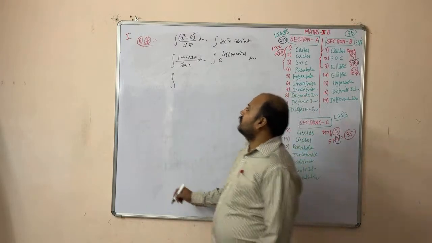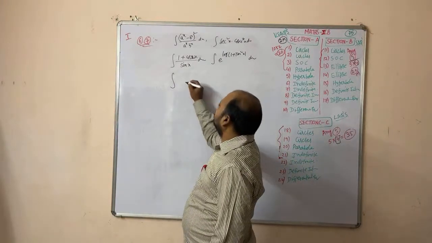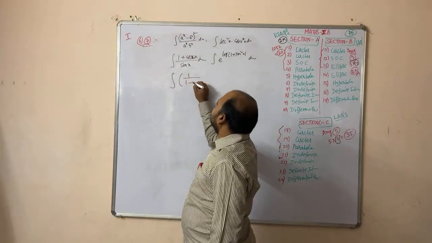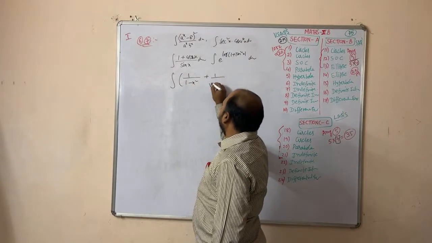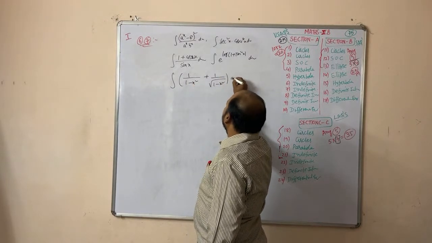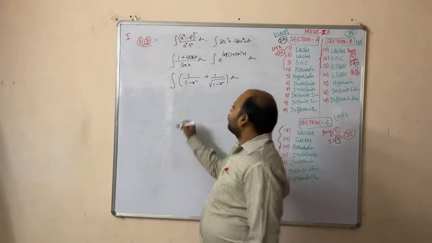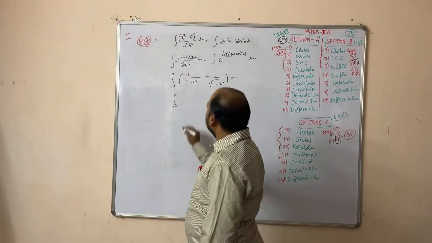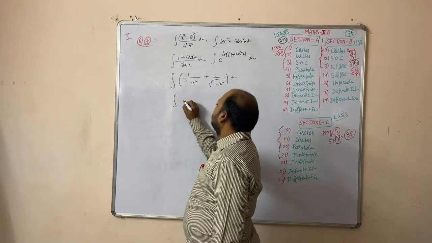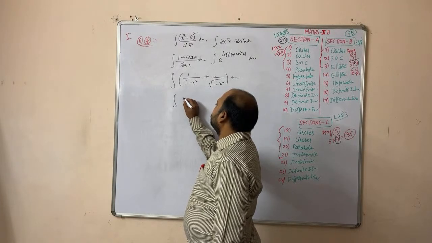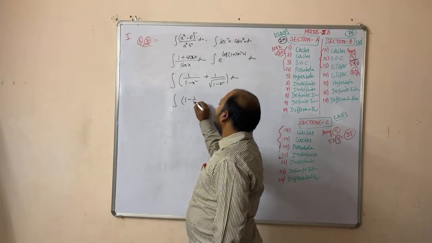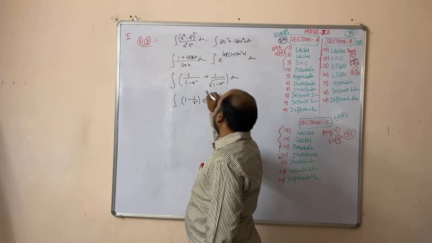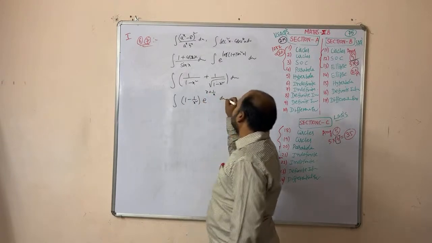And one more. Generally, like 1 by (1 minus x square) plus 1 by root of (1 minus x square) into dx. Integral (1 minus 1 by x square) into e power (x plus 1 by x) dx.